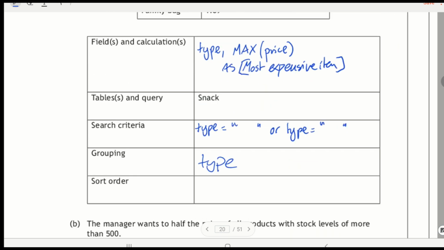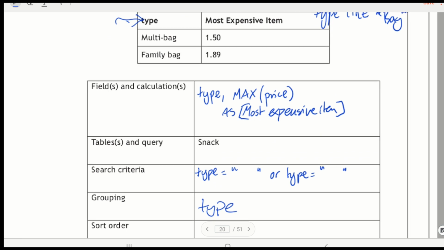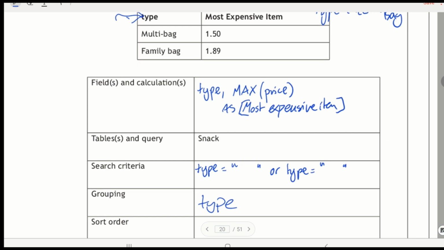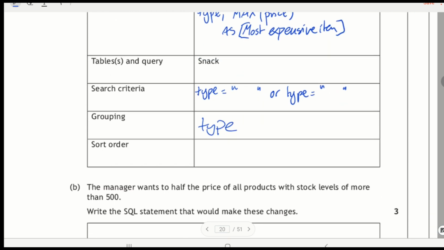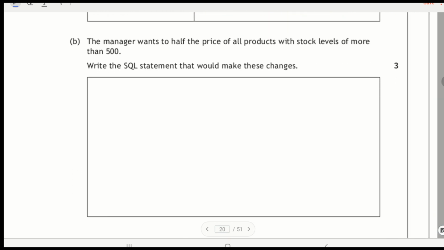Last one is sort order, and there is no sort order here. There's only two things, you couldn't really sort them, and we're not told what order they'll be sorted in, so it's not really meaningful. That could just be coincidence that that's in order of price, so there isn't any sort order.